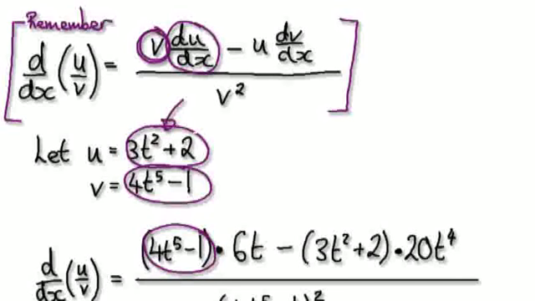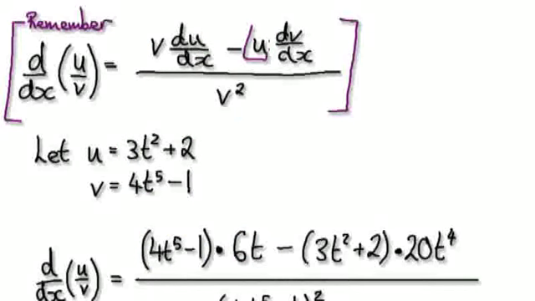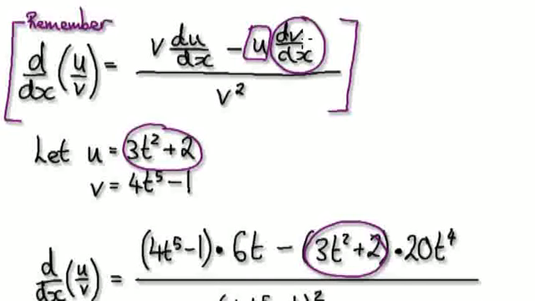And when you differentiate this thing here, it would be 6t. So that would give you 6t. Now looking at this here, keep u the same, meaning keep this the same, and then concentrate on differentiating the v.